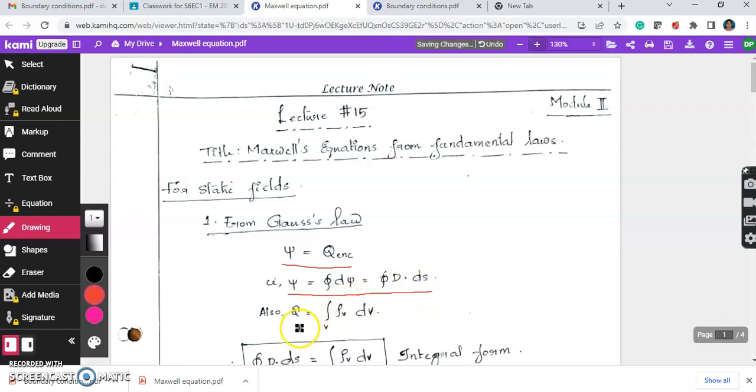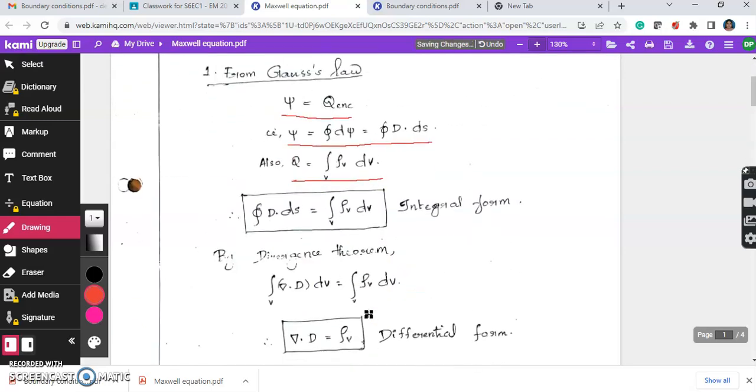Also, we know that the charge Q is equal to the volume integral of rho v dv, where rho v is the charge density. Therefore, considering this as equation 1 and this as equation 2, I can write closed integral D dot ds is equal to volume integral rho v dv.